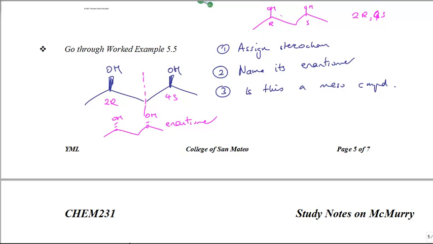Yeah? You know if this is the mirror, anything which is R on this side has to be S on that side. Yeah? So even without the name, even without the drawing, you can see it. Does that make sense? Yeah? This one here, this is an R, and if there's an internal mirror, then across the way it must be an S. Okay?